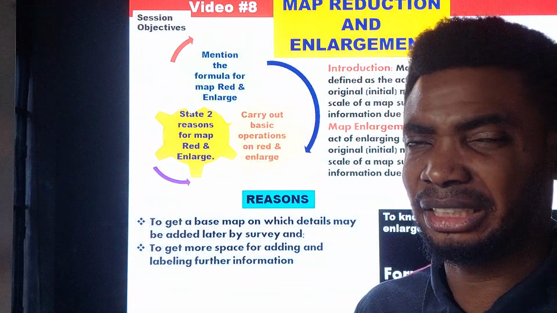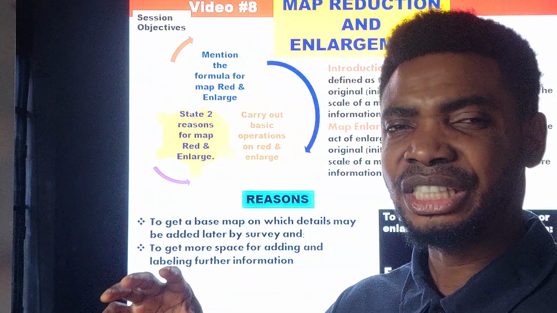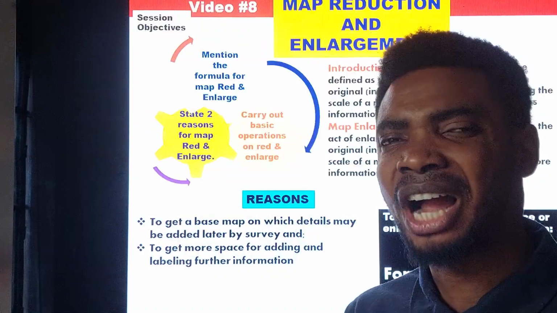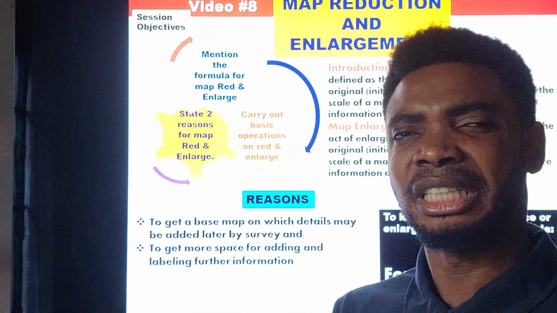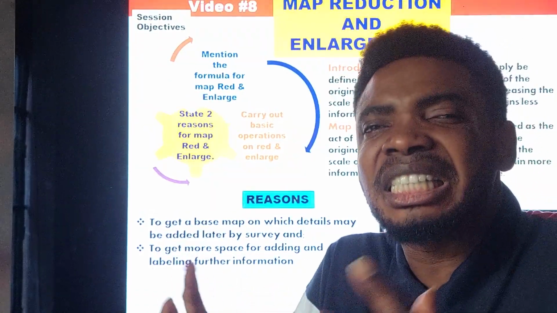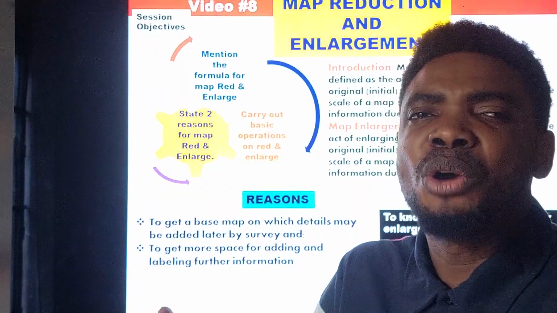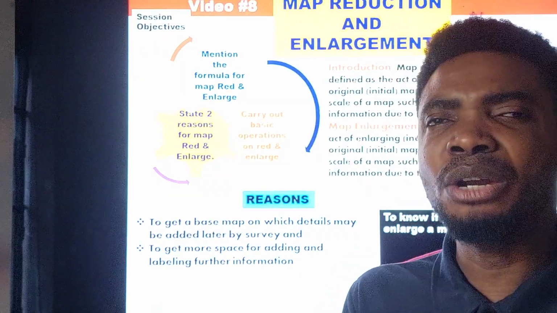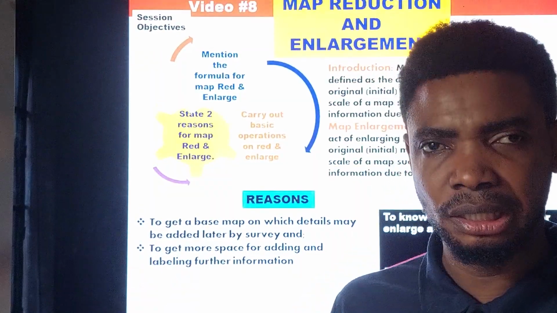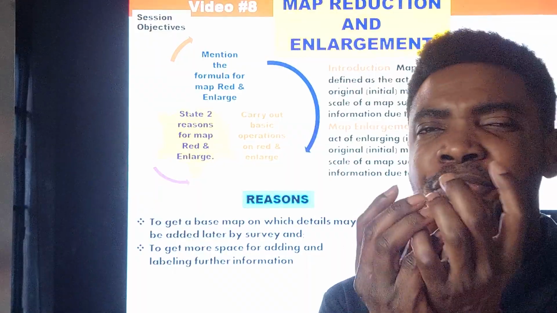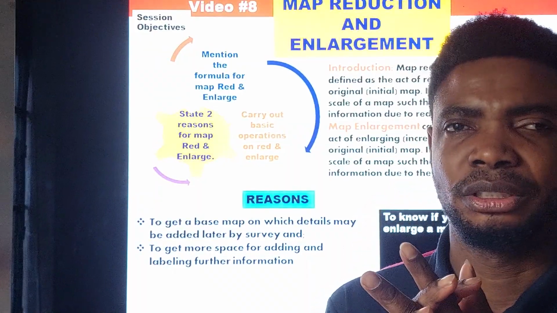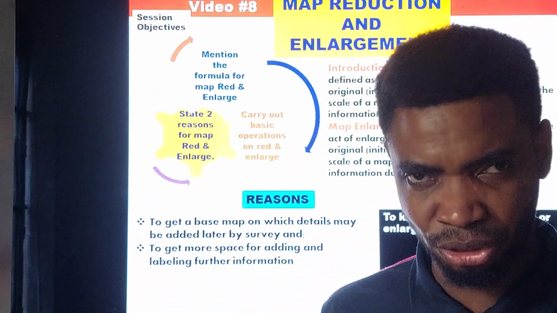Now let me explain that: it is the act of reducing the size of a map in a way that the scale will become so big that it contains very little information. That is what we call map reduction.